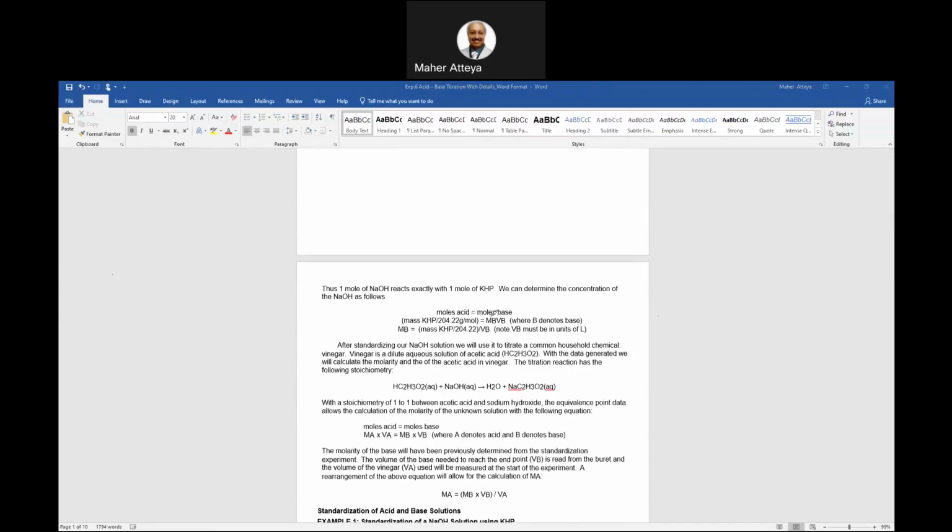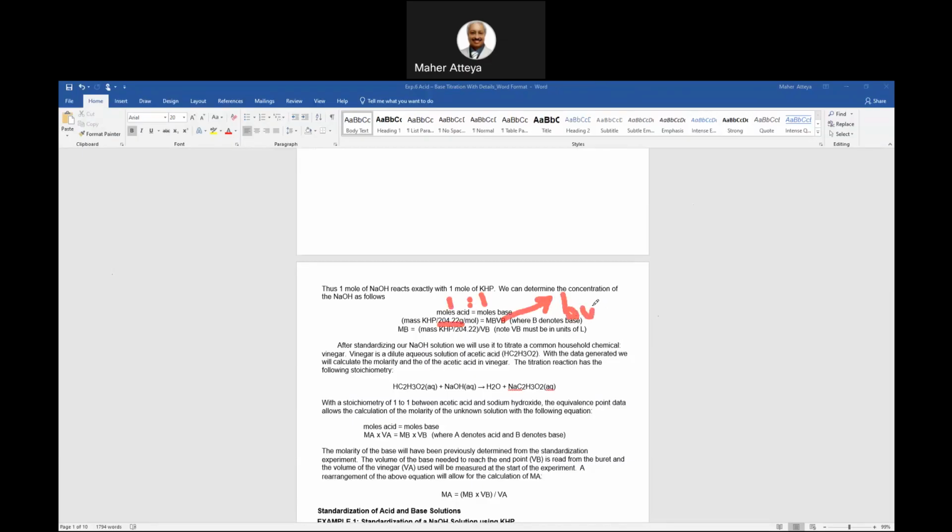For the moles of acid, the reaction is a 1-to-1 ratio, 1 mole of KHP to 1 mole of your sodium hydroxide. So you divide the mass over the molar mass to get the number of moles, and what's here is the volume. The volume is read from the burette.